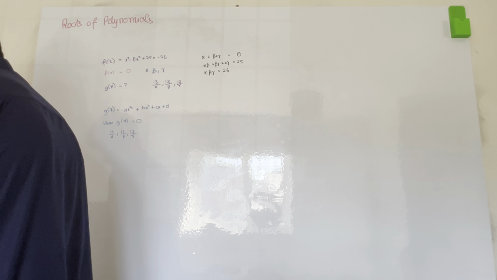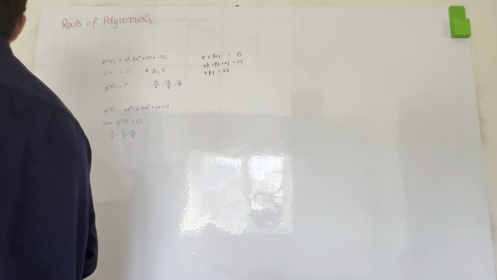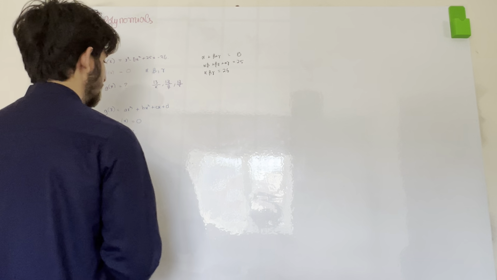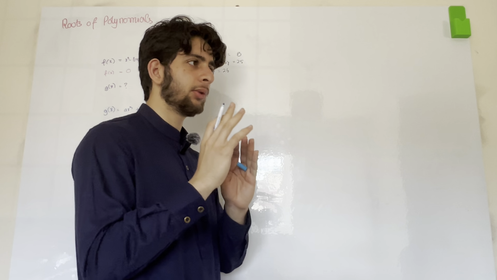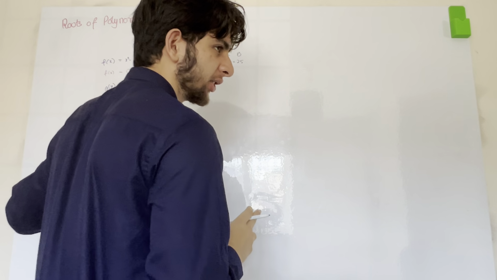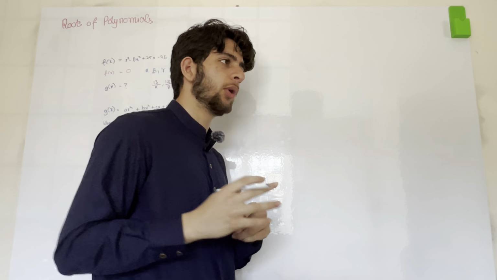Now, another thing that you need to do is consider the coefficients of this. And how we consider coefficients of this is that we have to add the roots of the new function g of x together and kind of work our way through it and see what we can do.